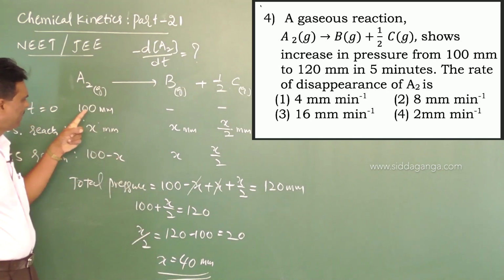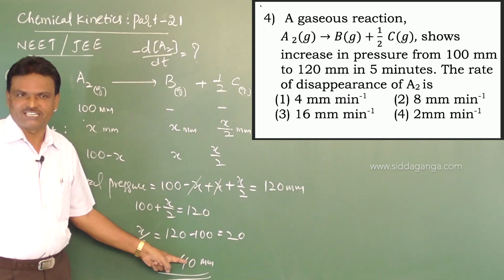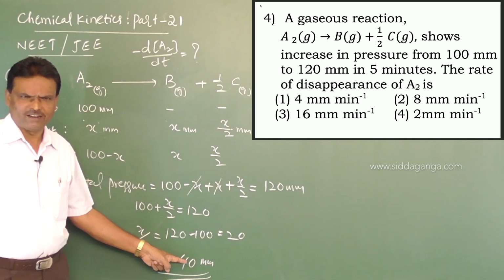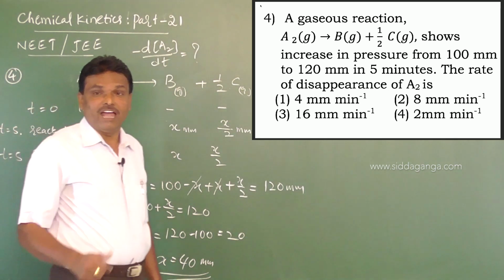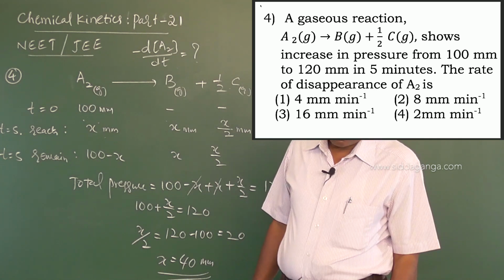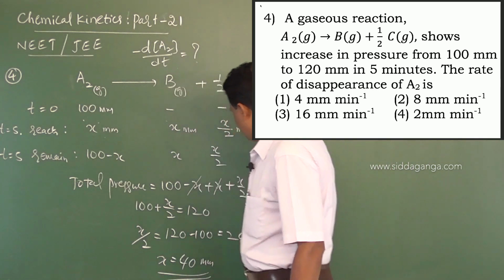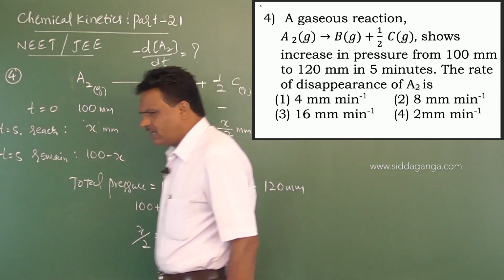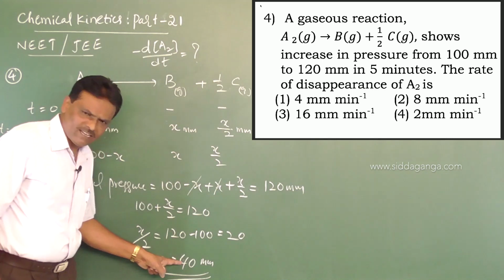Is it clear? Observe, 100 minus 40 is equal to 60. Is it clear? So for that 60, what value comes? So X, the decrease in pressure, is 40.